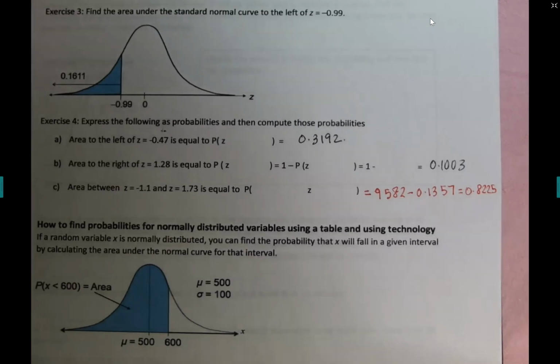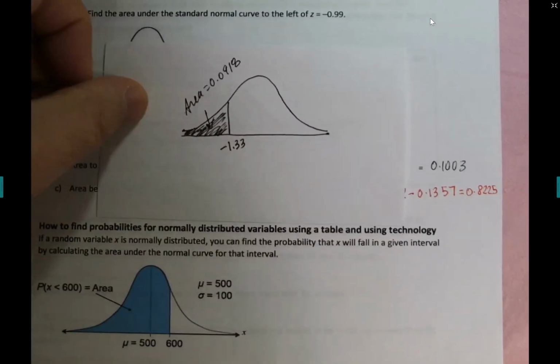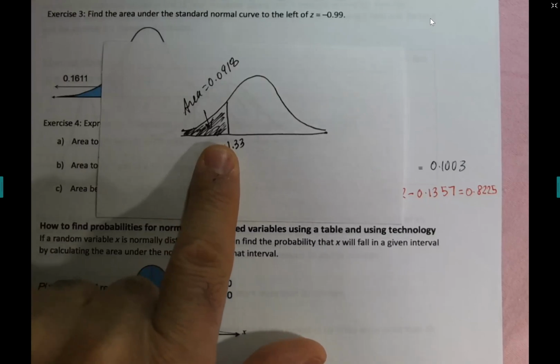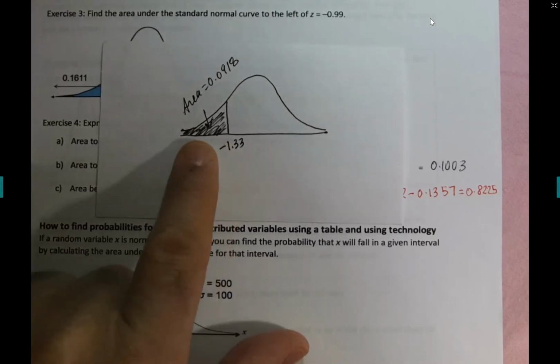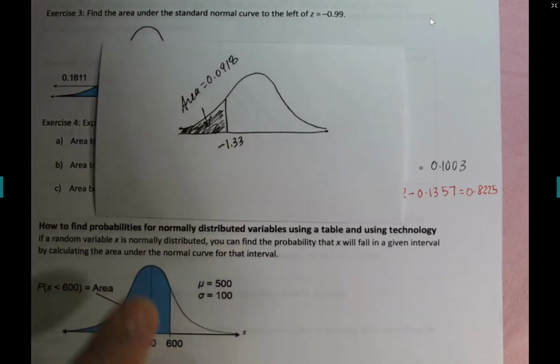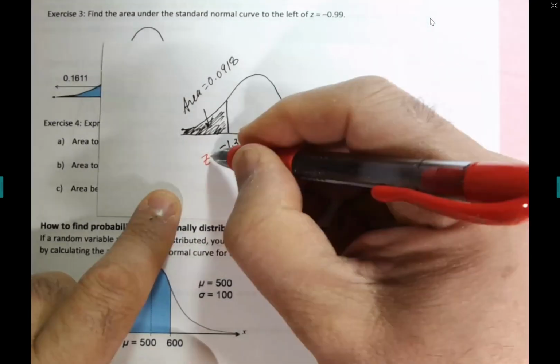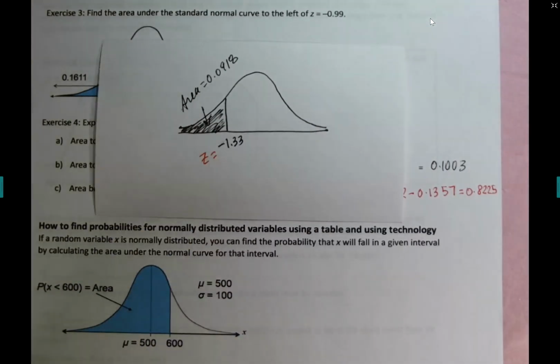Now, you guys agree with this shading. If someone asks you to explain, describe what you see, this is the area to the left of Z equals negative 1.33. I told you guys area means a probability, means a percent, means a proportion.